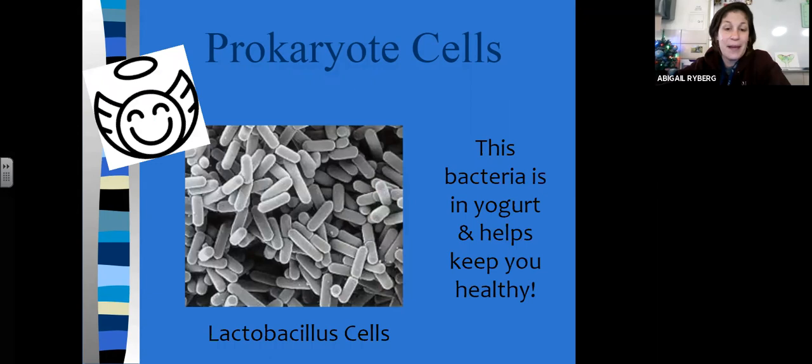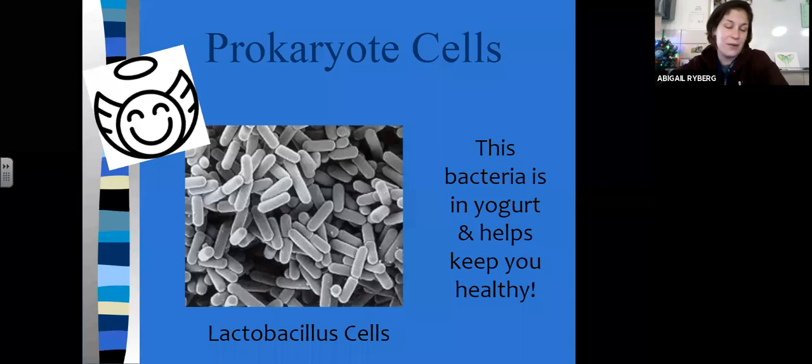Lactobacillus is the bacteria found in yogurt. So this is actually a good bacteria. Most bacteria are actually good. We have billions of bacteria on and in our body right now that we couldn't live without. So not all bacteria is bad for sure.